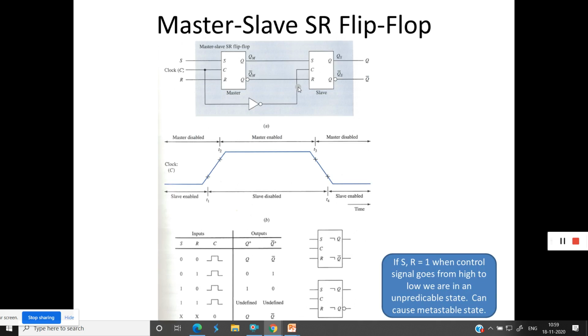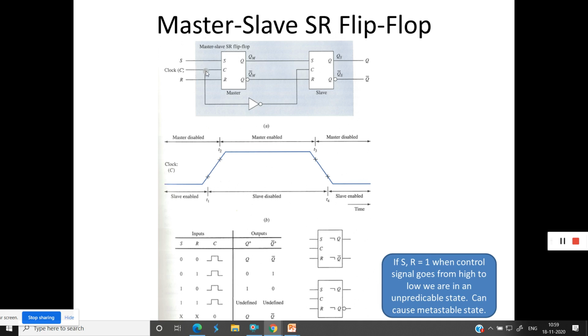So here you can see S and R, Q and Q bar. This is the master section. This is the slave section. Here you can see time instant T1. This is the clock signal. Observe carefully, students. This is the clock section. When the clock is 0, what happens?